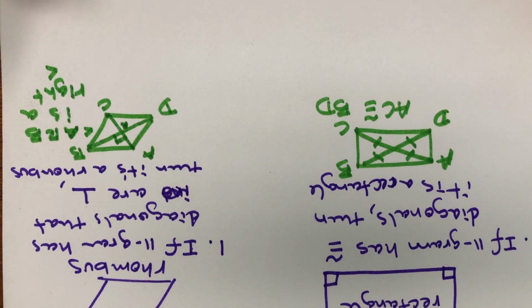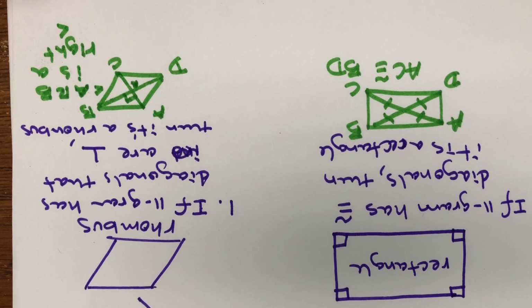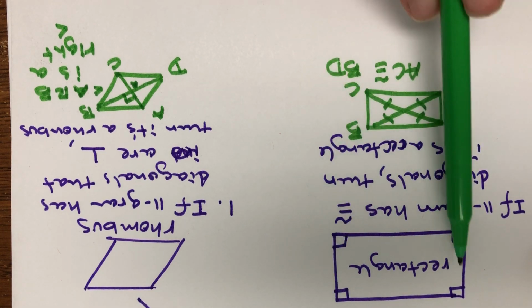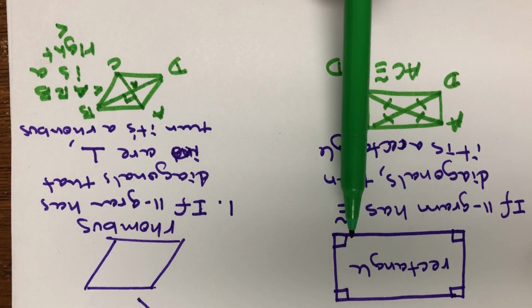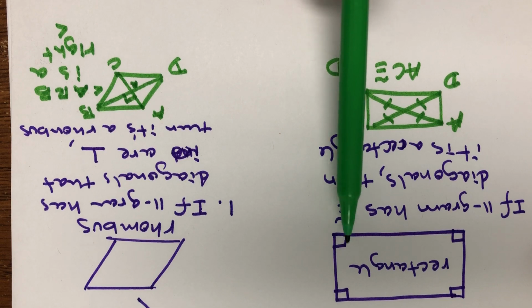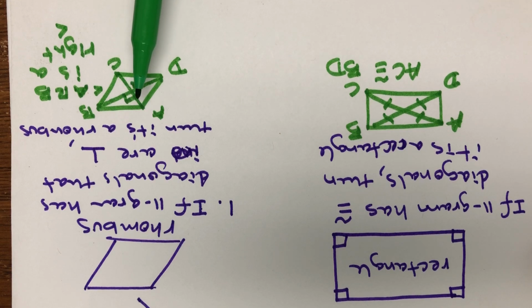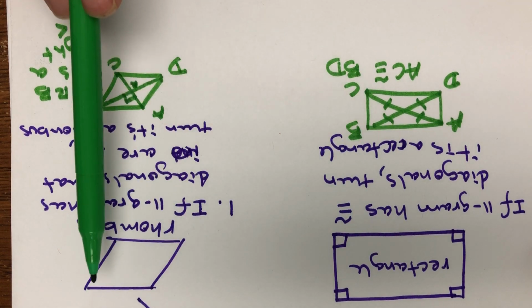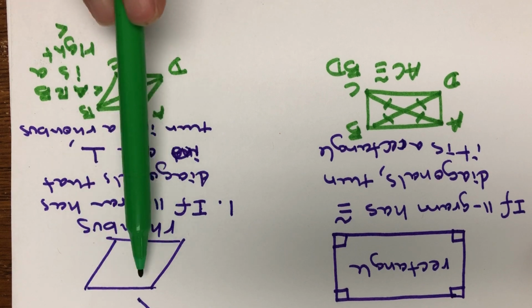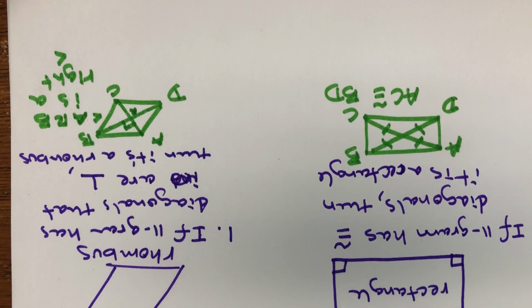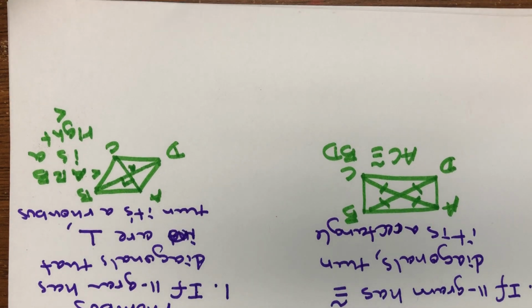All right, so notice that with each of these, they have something that's equal and something that is at 90 degrees. In a rectangle, all the internal angles are 90 degrees. Those are right angles, or they're perpendicular. In a rhombus, the diagonals are perpendicular. And in a rhombus, the sides are all equal to each other. In a rectangle, it's the diagonals that are equal to each other. So those are the things that are special about those quadrilaterals.